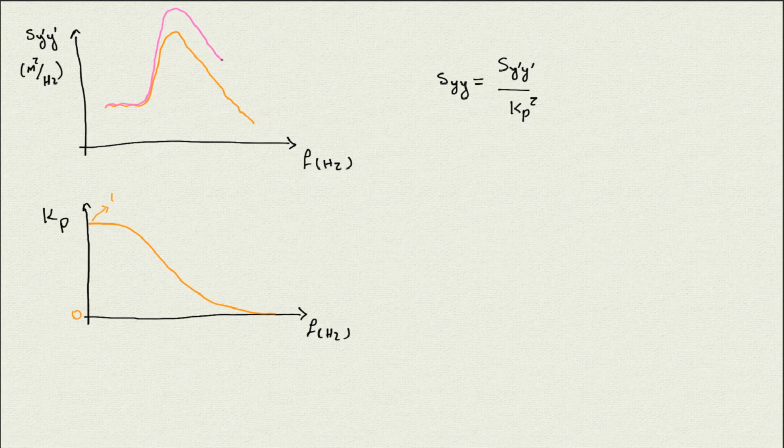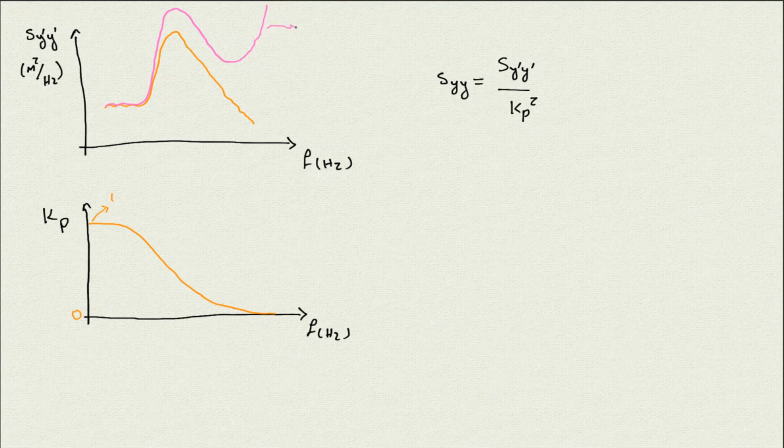Then it gets to the point where Kp becomes so small, very close to 0, that when we divide the Syy by it, it starts to go toward infinity.